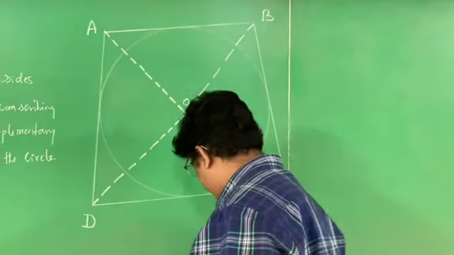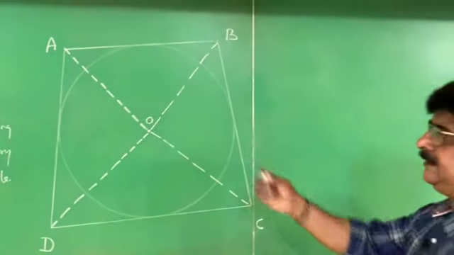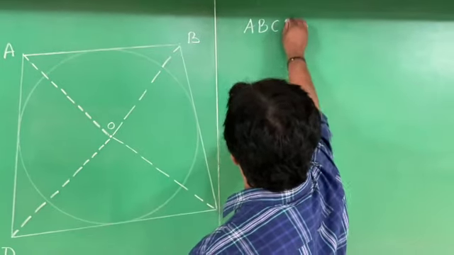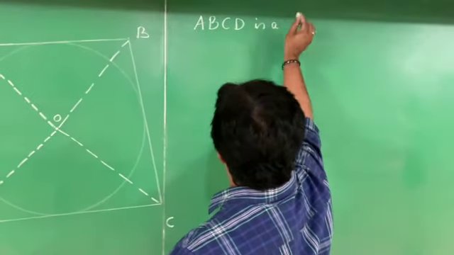First I write the data: ABCD is a quadrilateral.